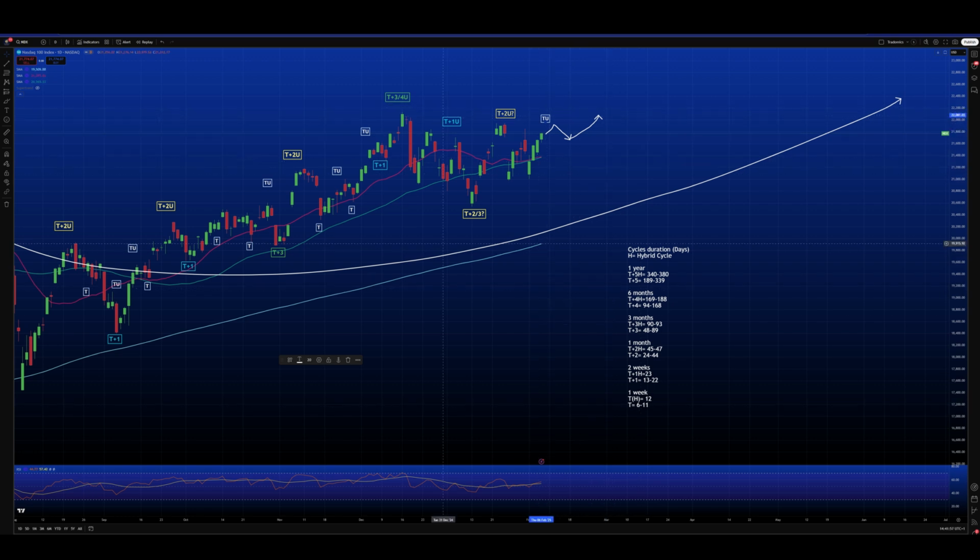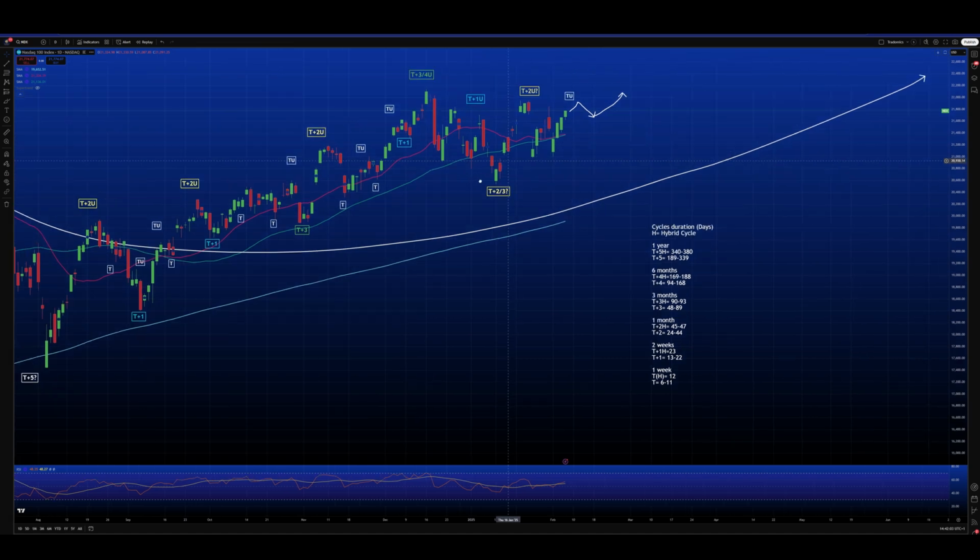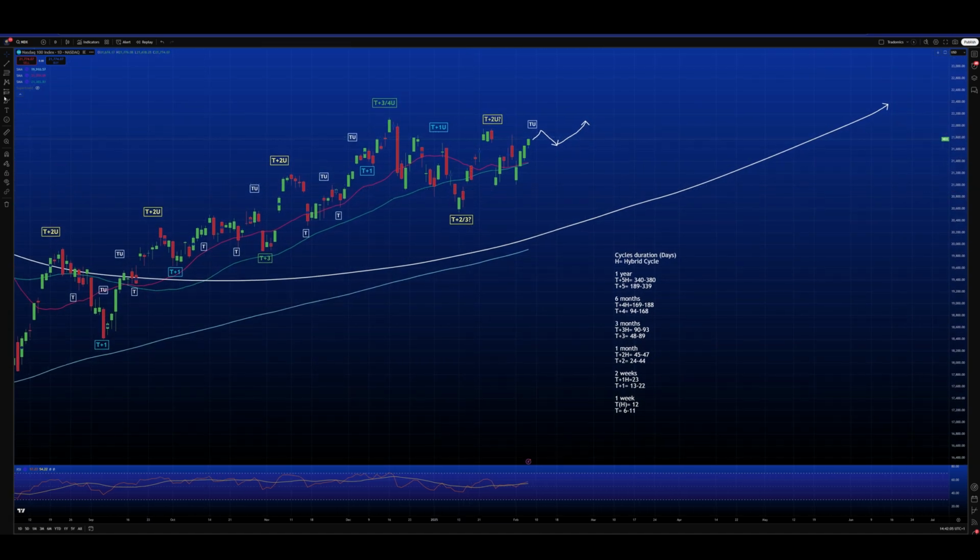If not, then we can also close a first downward cycle, like this downward cycle here that at this particular point in time has reached a duration of 11 days. So we might also close a T plus 1.